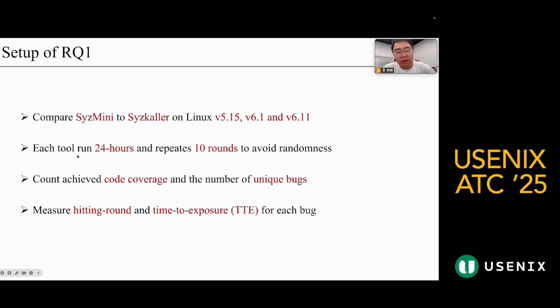Each tool runs 24 hours and repeats 10 runs. We count the achieved code coverage and the number of unique bugs. We also count the hidden run and time to exposure for each bug.